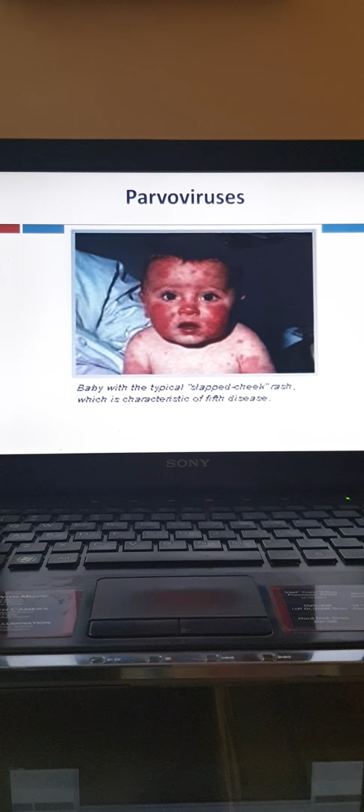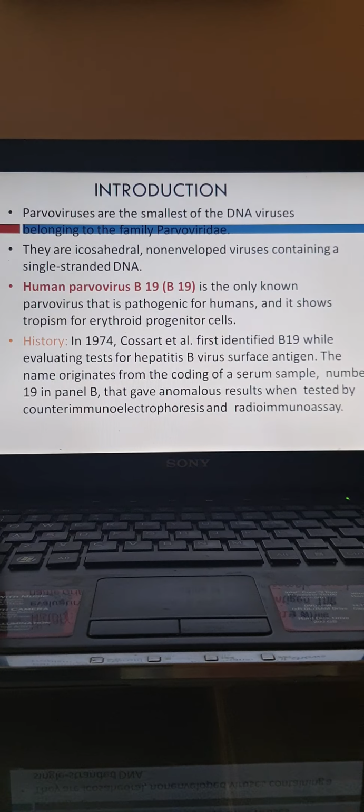Next is parvovirus. Now parvo means small. So parvoviruses are the smallest of the DNA viruses, and it belongs to family Parvoviridae. They have icosahedral symmetry. They are non-enveloped viruses, and they contain single-stranded DNA.